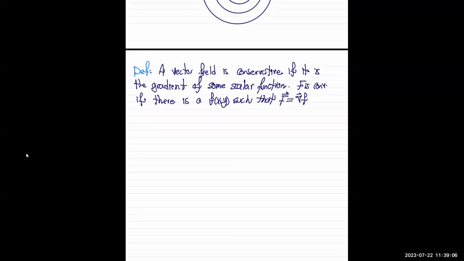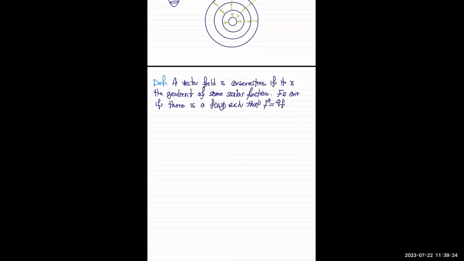If you can find a function f of x y whose gradient is your vector field, then you know the vector field is conservative.